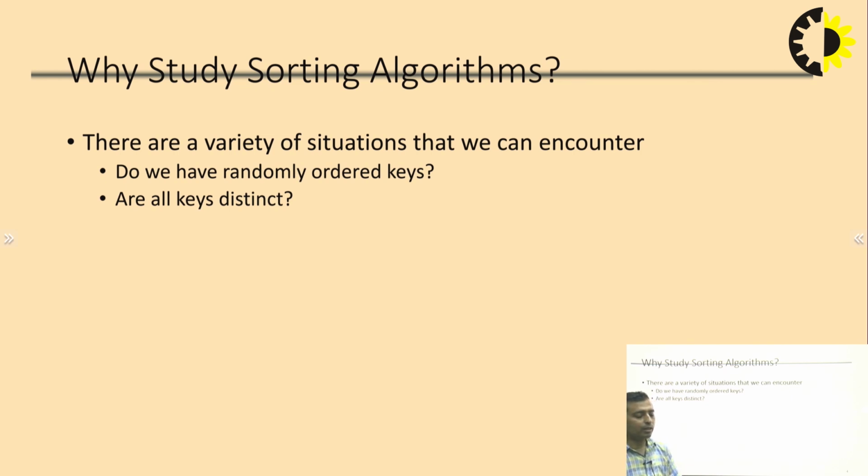If we have randomly ordered keys, then we arrange them in order, in sequence, so we require sorting techniques. And are all keys distinct? To identify whether all the keys are distinct or not, first we arrange these items in ascending or descending order, and then find whether duplicate keys are there or not.